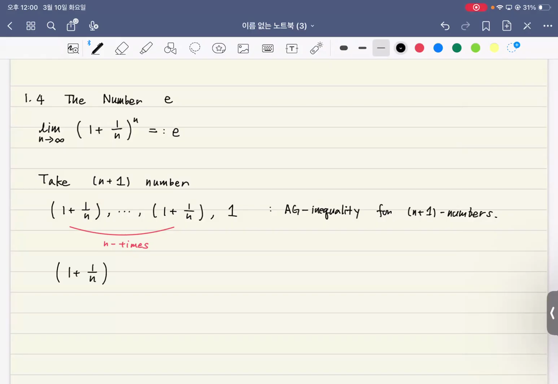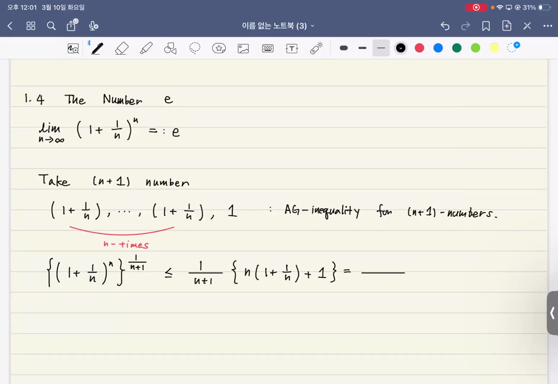If we multiply everything, it's going to be the nth power, and since we are talking about the geometric mean, raised by this much. So this is the geometric mean of these numbers. On the other hand, what is the arithmetic mean of these numbers? Easy. You take the summation of all these numbers and divide by n plus 1. So we have the same numbers plus 1, and this is going to be the arithmetic mean of these numbers.